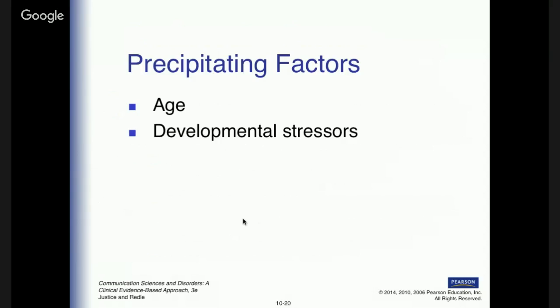Being age 3 doesn't cause stuttering, but age 3 is when that stuttering is going to emerge. Also, developmental stressors, right? Kids go through big language explosions around age 2 and 4, new words, long sentences, adult-like speech. All these things are going to be a factor in why the stuttering starts when it does.